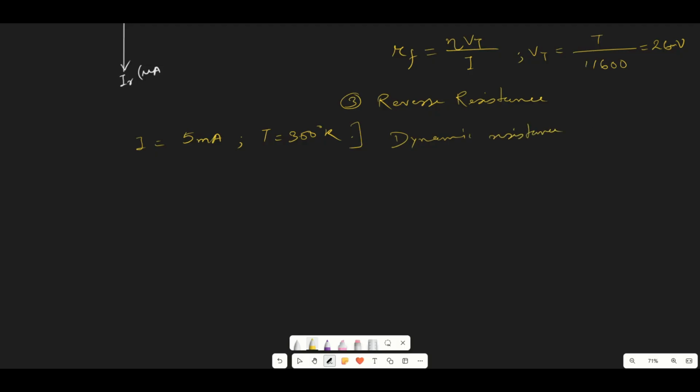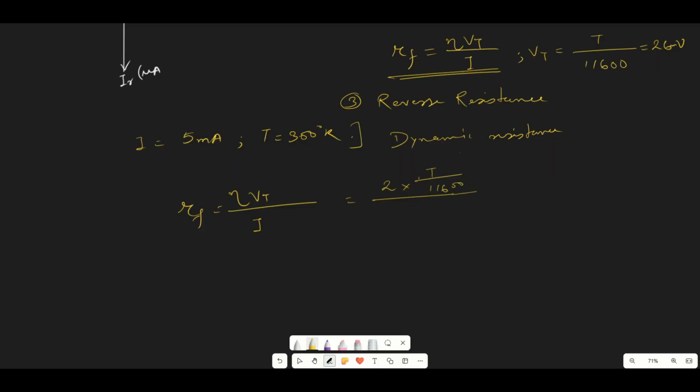So in order to determine the dynamic resistance, we will use this formula: Rf equals eta Vt divided by I. Now since it is a silicon diode, for eta we will put 2, multiplied by Vt. We already know the value of Vt comes from T divided by 11600.